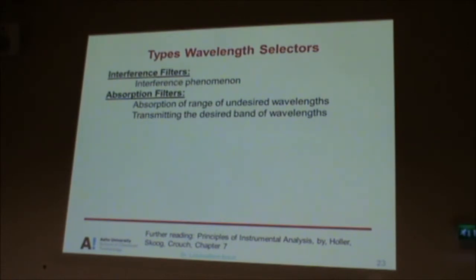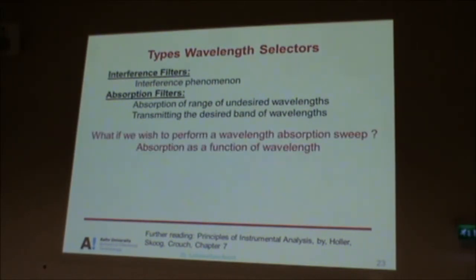So when you send UV light, the molecules absorb the light that is not needed, and you're able to see properly because the visible light goes through. That's the simple working principle behind an absorption filter. So in an absorption filter, you have absorption of a range of undesired wavelengths and transmission of the desired wavelength.